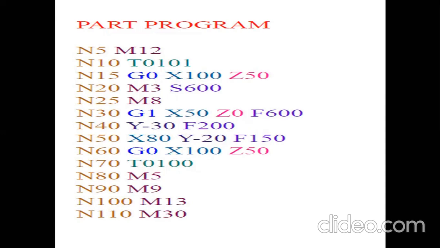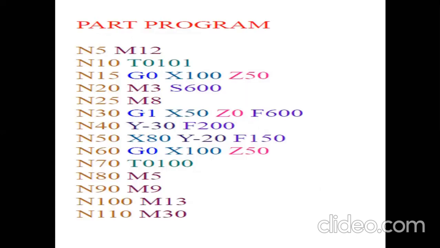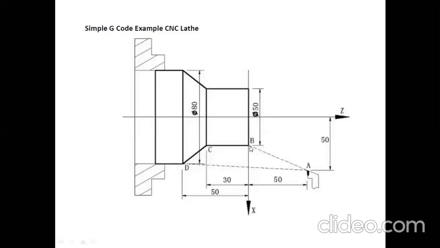Next line, N40. What does this N40 represent? Here it is mentioned Y minus 30. Sorry, that is not Y minus 30, that is Z minus 30. We have to carry out the next operation from point B. This is your first position at point A, point B is your second position, and point C is your third position.